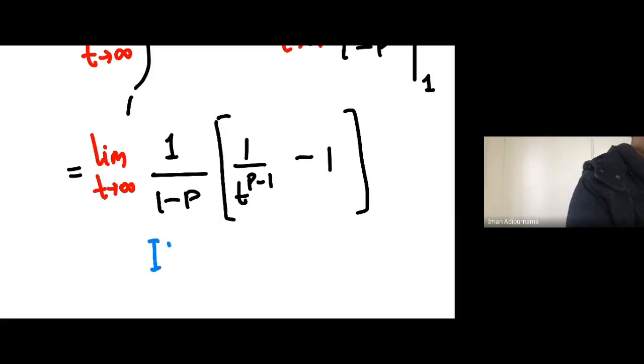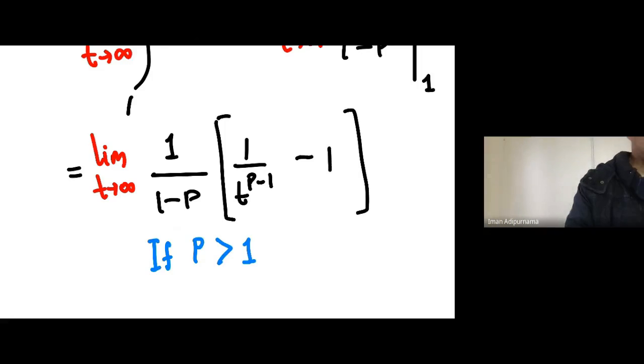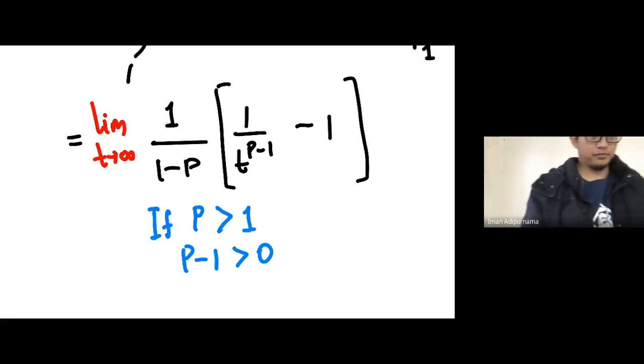If p is greater than 1, so p minus 1 is greater than 0, imagine this becomes greater than 0.